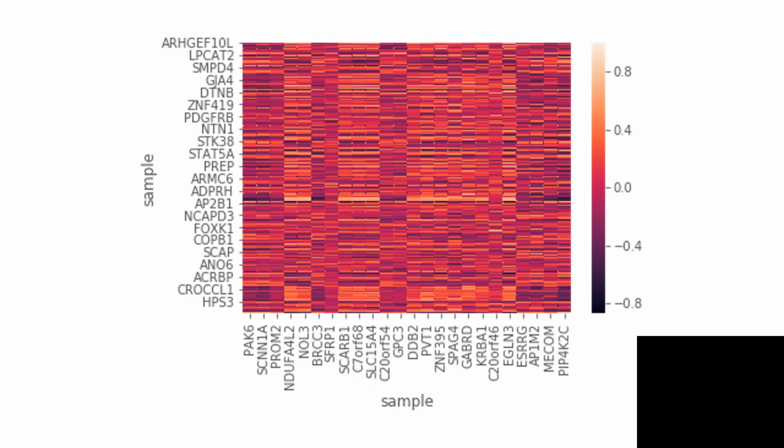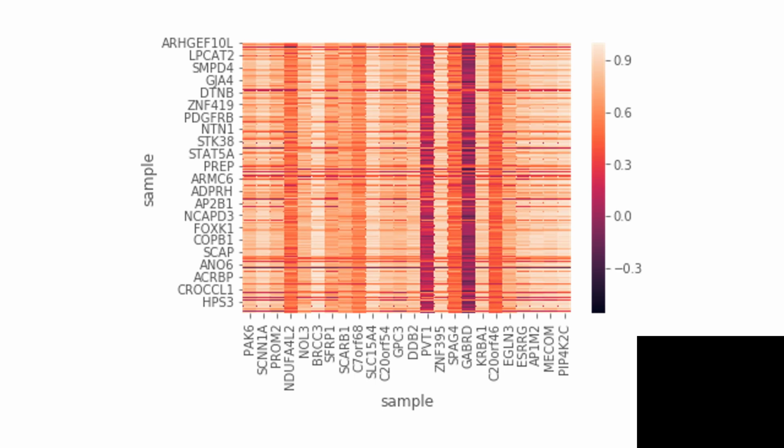And that tells us that there's a lot of negative correlation in this data set. Conversely, when we look at our normal gene expression data set and correlate that with our top 25 differentially expressed genes, we don't see so much negative correlation. In fact, you see predominantly positively correlated genes.